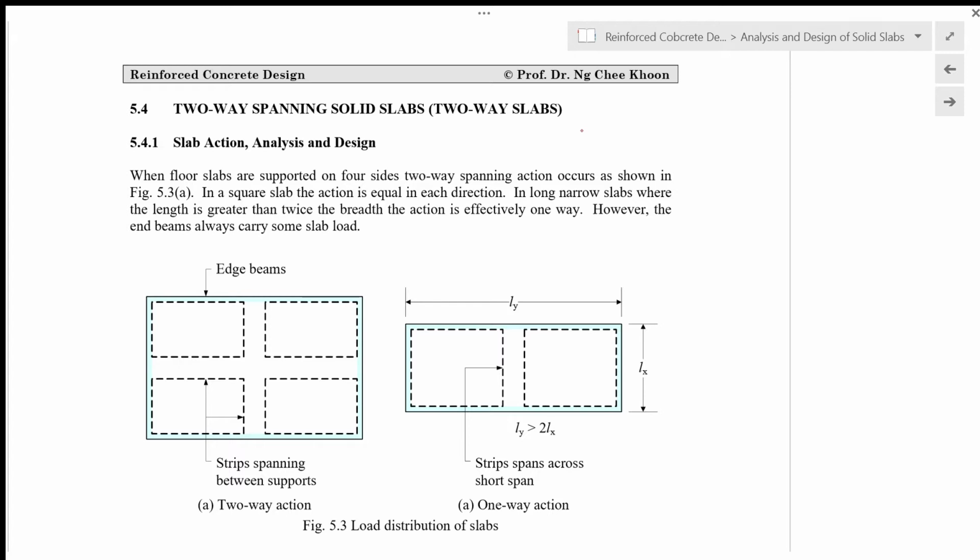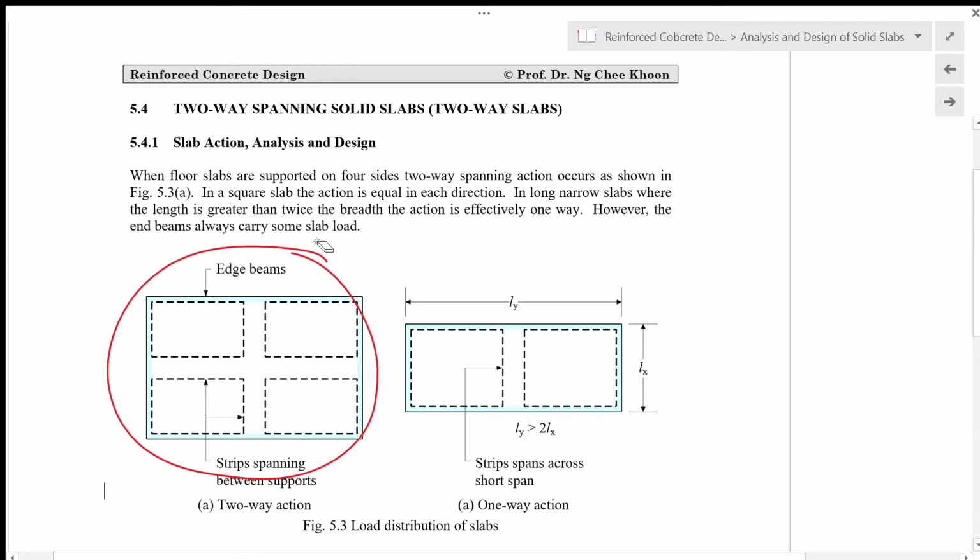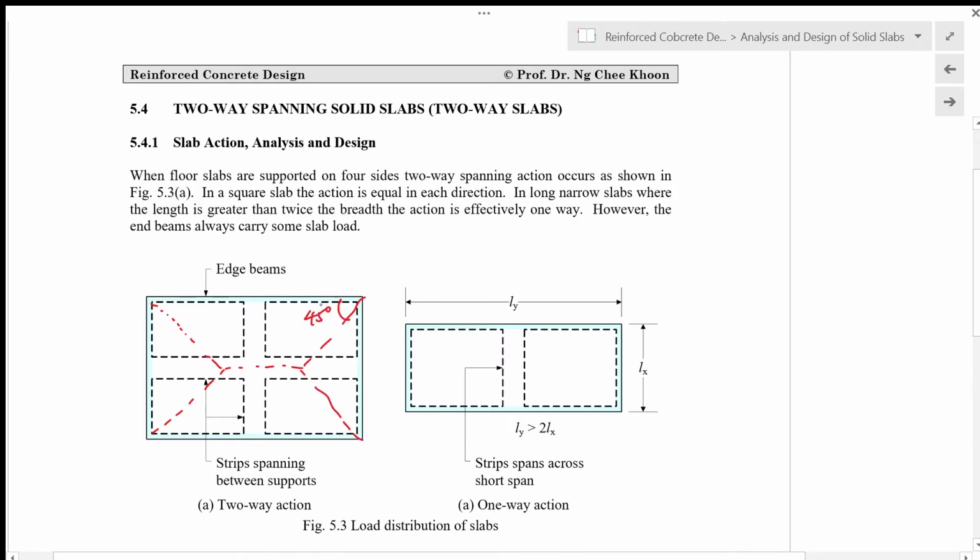When floor slabs are supported on four sides, two-way spanning action occurs as shown in figure 5.3a. In this figure, we see that the loads are transferred in two directions, where this is 45 degrees.